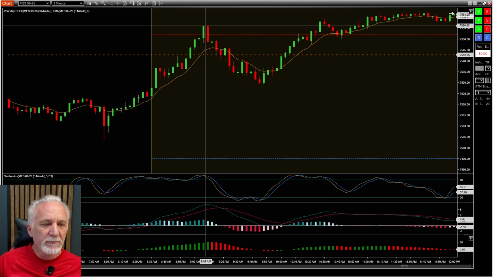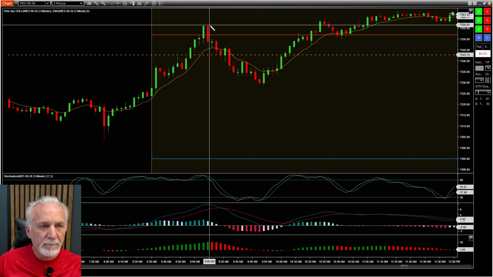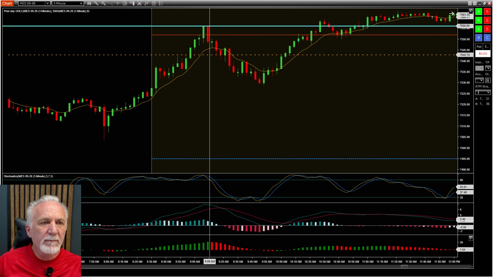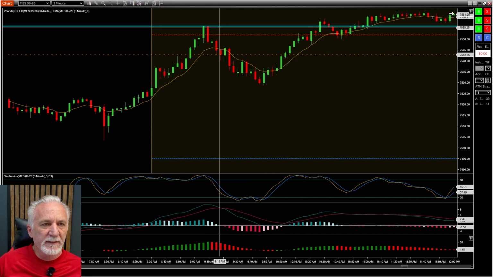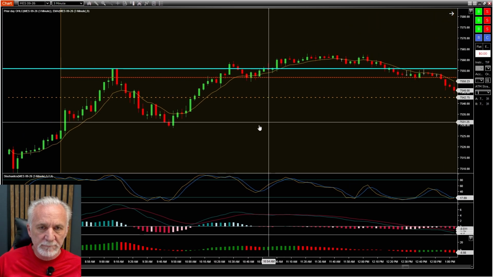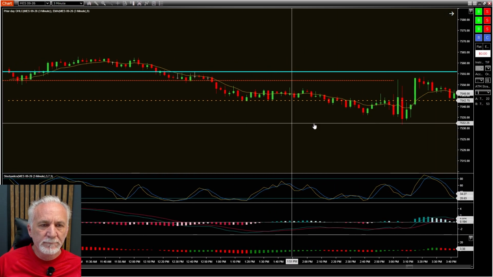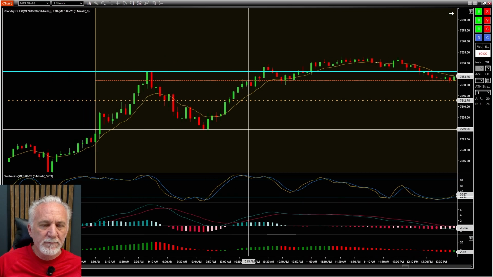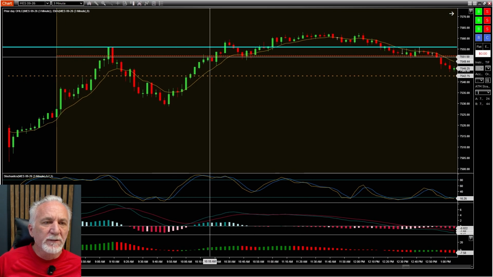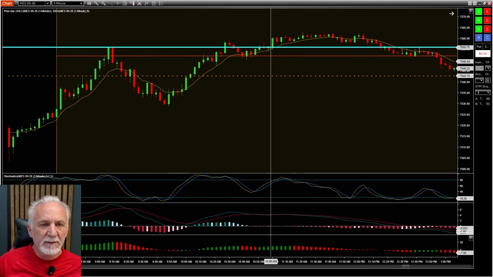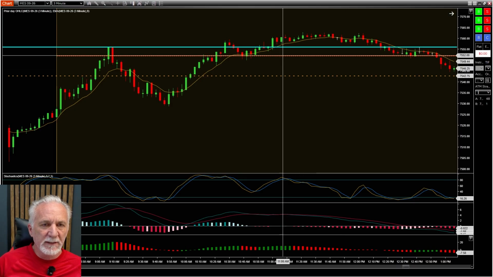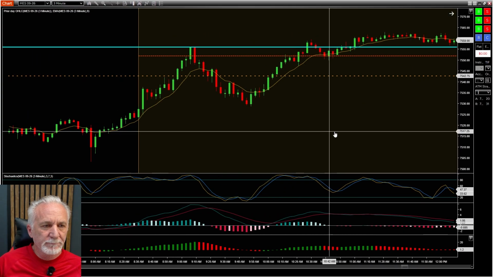At this point, we would have moved our line here, especially after we saw this. And it pretty much hugged that level, stayed under it the whole time. So pretty much any trade you would have took on a reversal off the line would have been good.